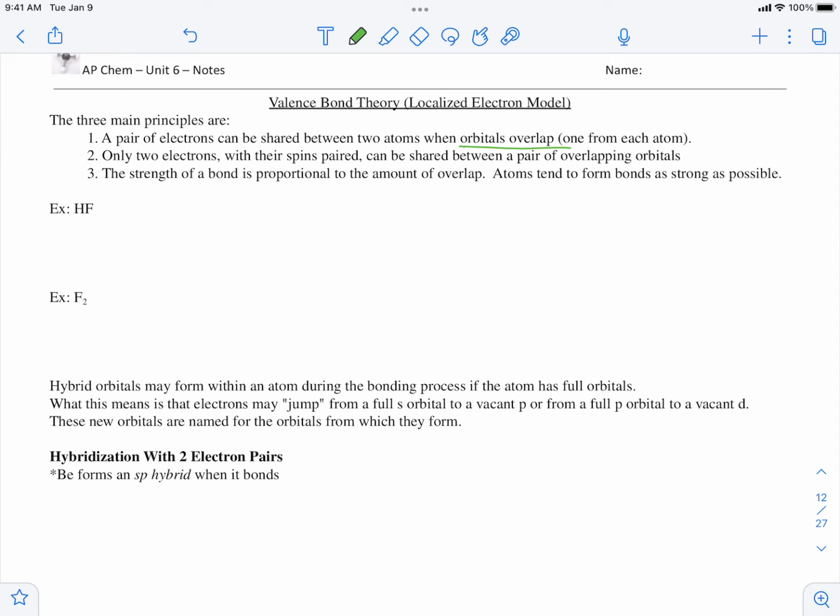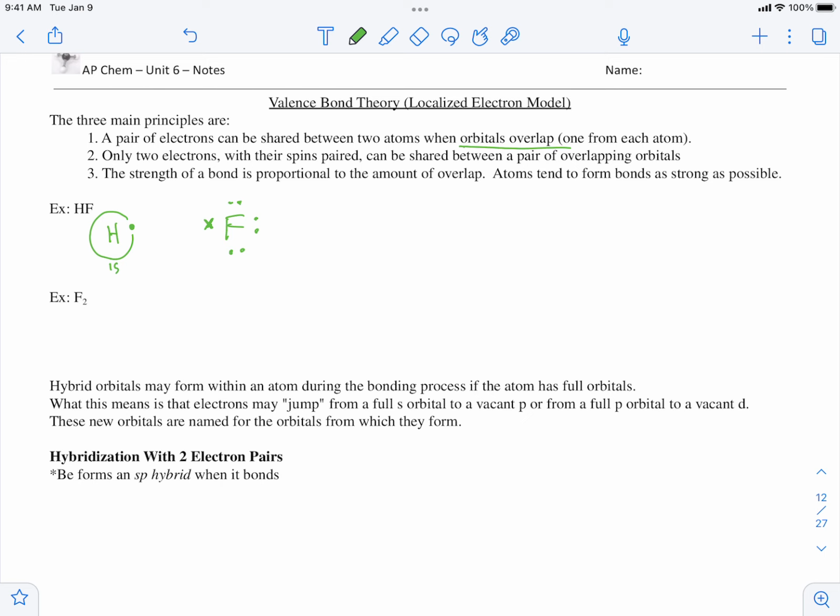All right, so for example, hydrogen and fluorine. So hydrogen's electron is in the 1s orbital. Fluorine has 7 valence electrons. The bond that it's going to make with hydrogen, that particular electron will be in a p orbital.